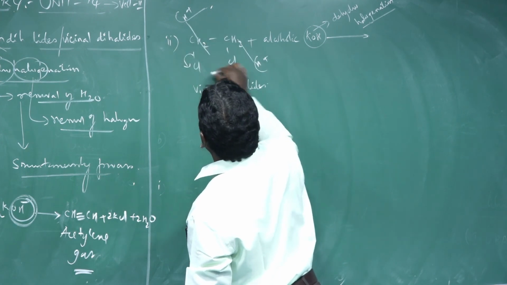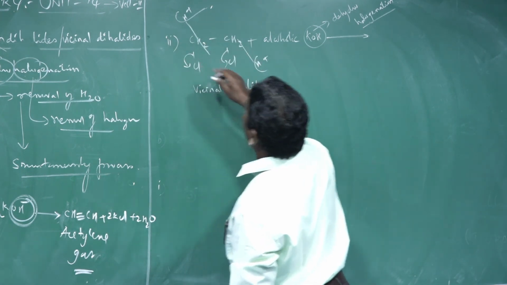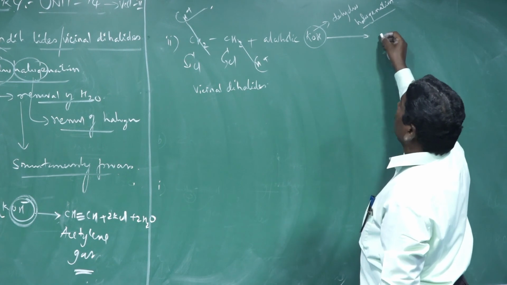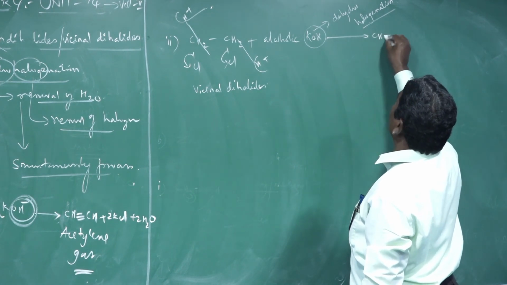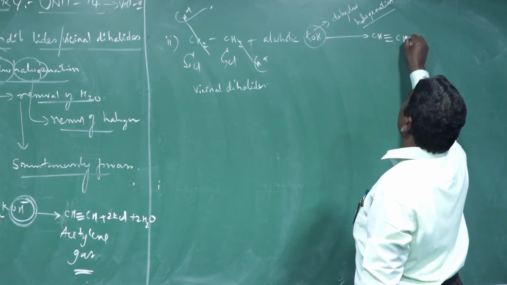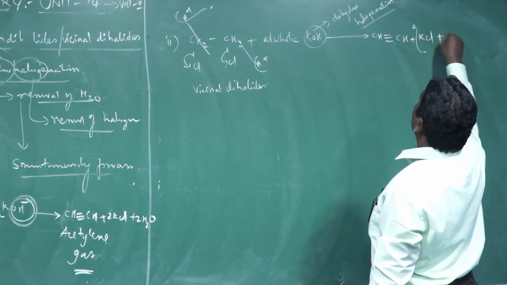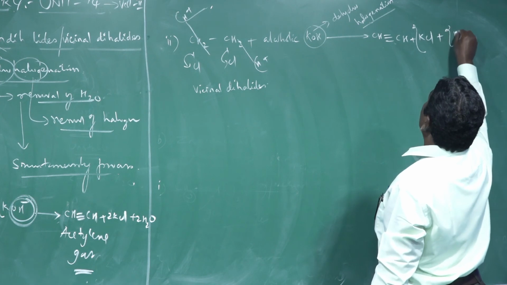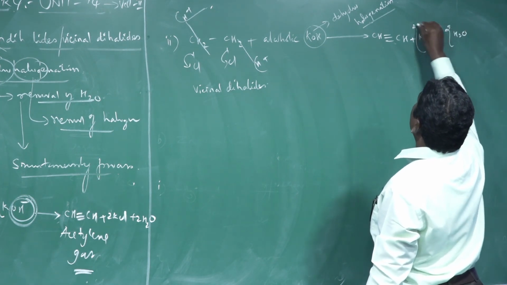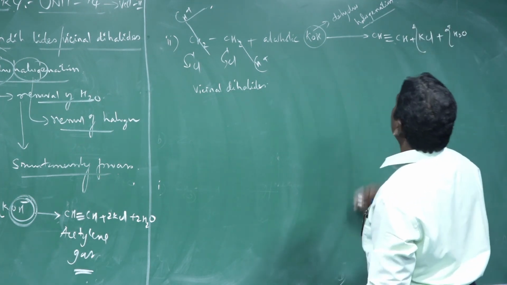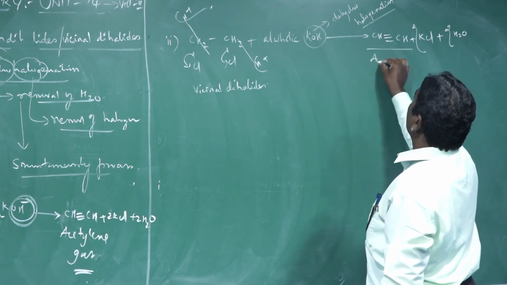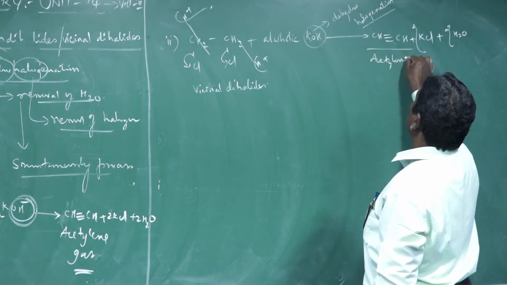Now these halogens are removed as Cl minus. Finally the same compound is formed, CH triple bond CH, plus 2KCl, plus 2H2O. This is the concept of dehydrohalogenation. This is nothing but acetylene gas.